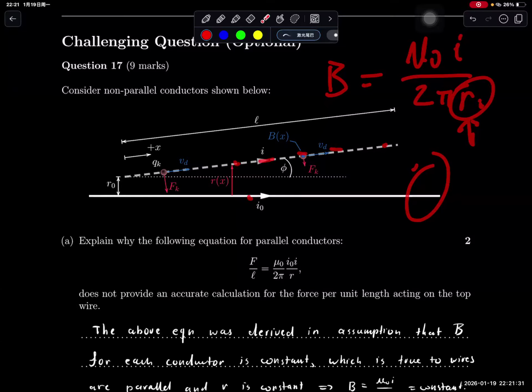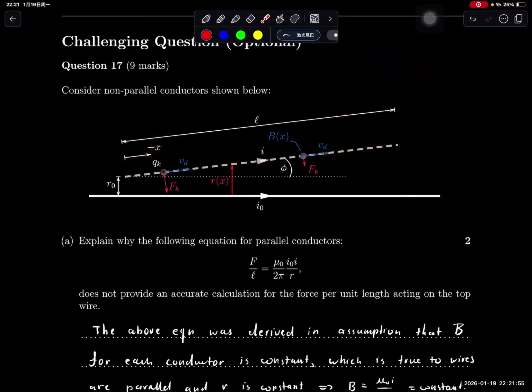If I define a point on the top wire as my x variable, this will change. So the magnetic field is different at every point, and we need to add up the contribution from each point on this wire. They experience the force, so we need to use an integral to sum all that force together.